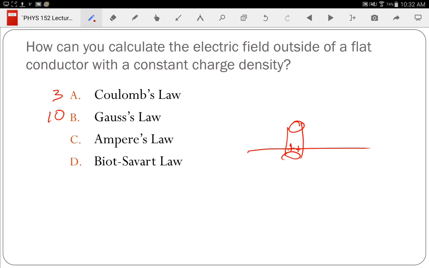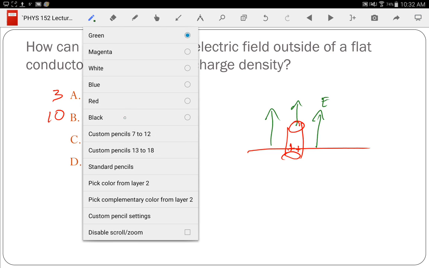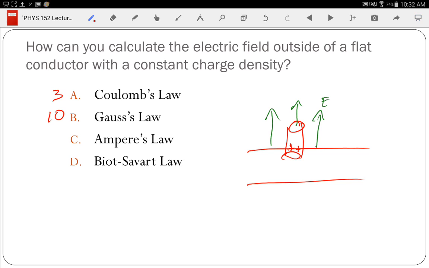Electric fields are going to be like this. Let's look on the part of that pillbox that's inside the conductor. What's the electric field inside a conductor? 0. So the flux on that end is 0.